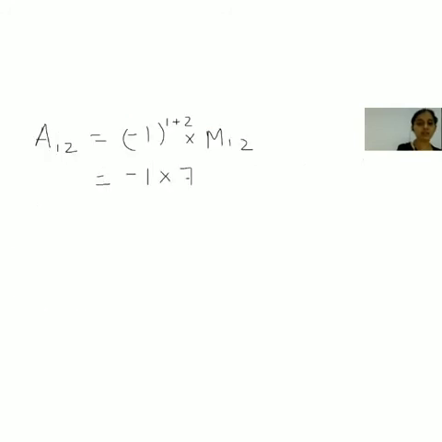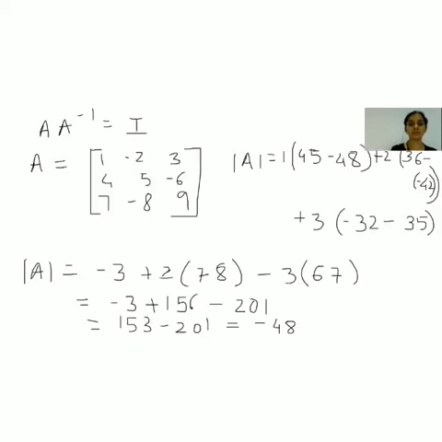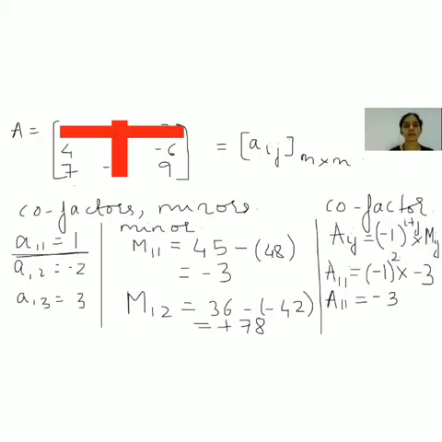So the cofactor of the second element is minus 78. In this similar manner, we can find all the cofactors. That means each element in the matrix has a minor and each element has a cofactor. Now, how does this help us find the inverse?